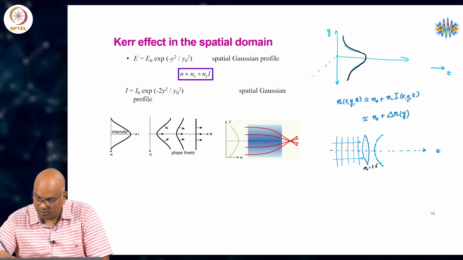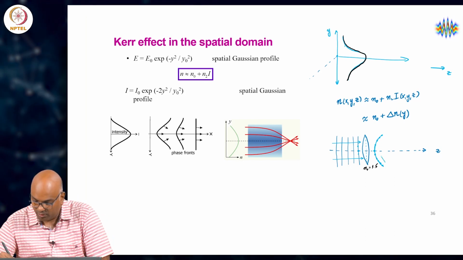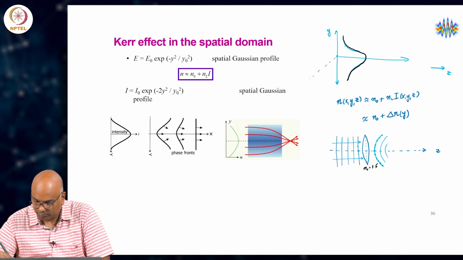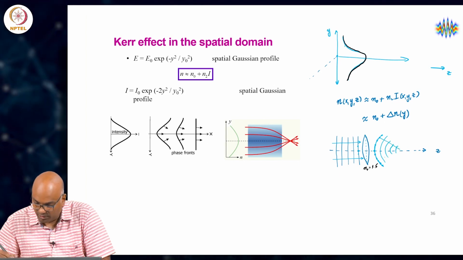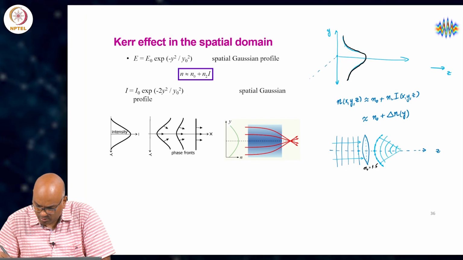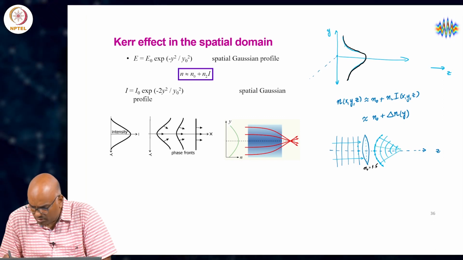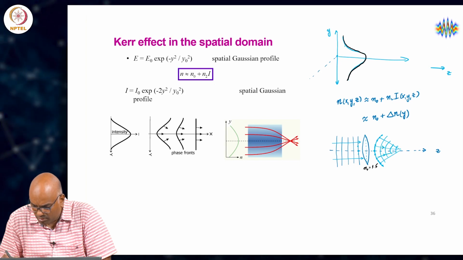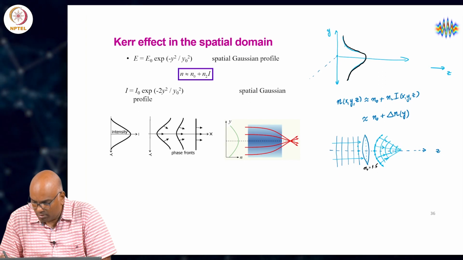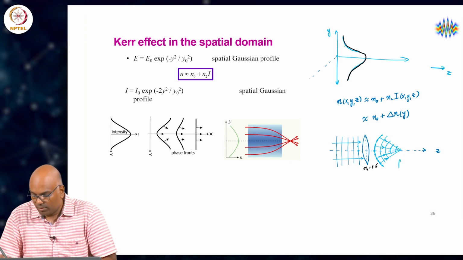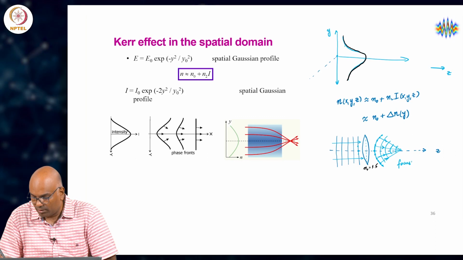As a consequence of this, going by Huygens principle, these wavefronts will now converge, and this explains the focusing of a typical lens.